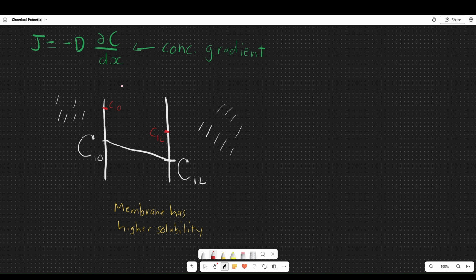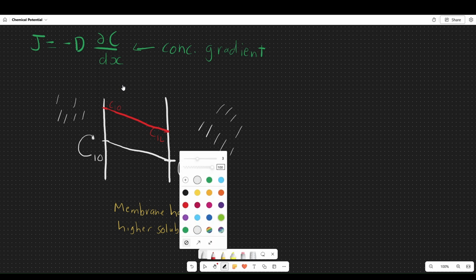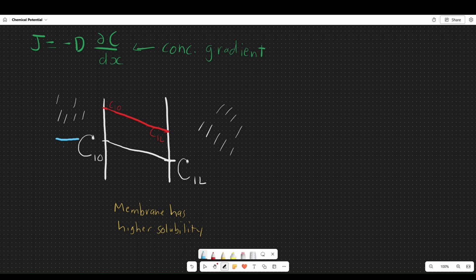And so this is a problem, because if I was to graph this, let me do this in blue, we would have a constant concentration, all of a sudden jump here, come down here, and then come down here. And so you might think, okay, well, what's the issue with this?